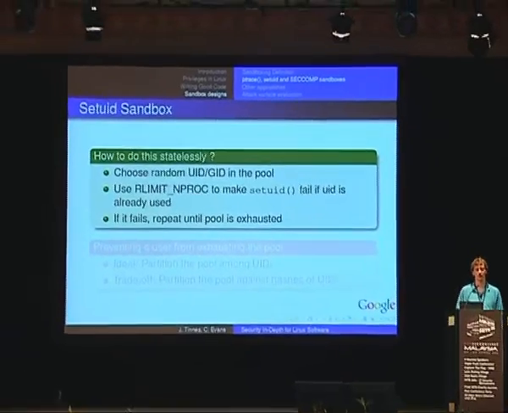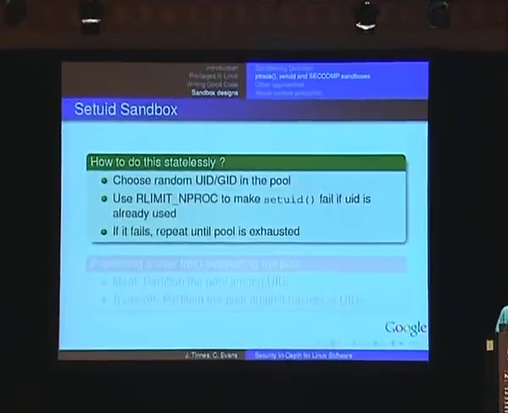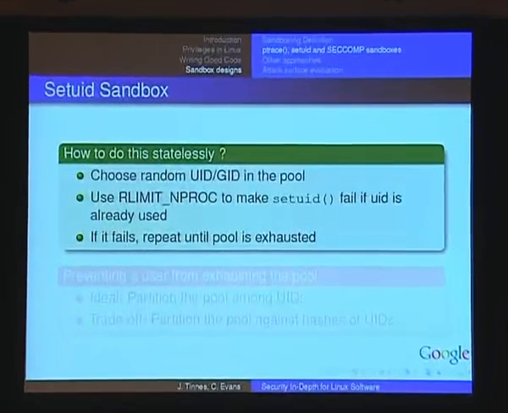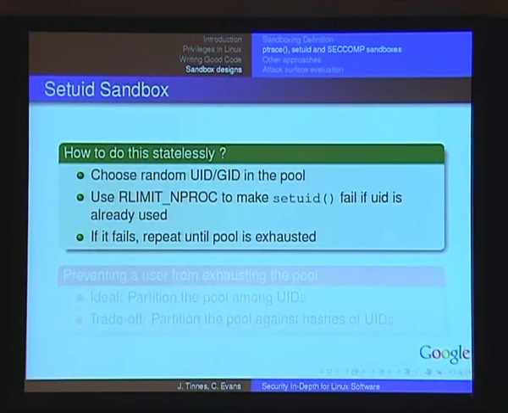So what we did was we choose a random UID and GID in the pool, and then we use RLIMIT_NPROC, which restricts the number of processes with the same UID, and when we make a call to SetUID to switch to this randomly chosen UID, it will fail if the UID is already used. So the good thing is it allows us to do everything in a perfectly stateless way.